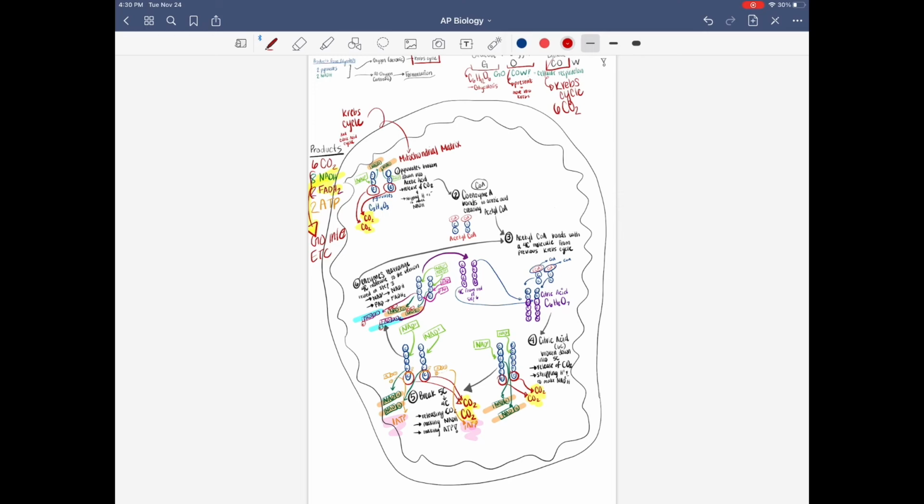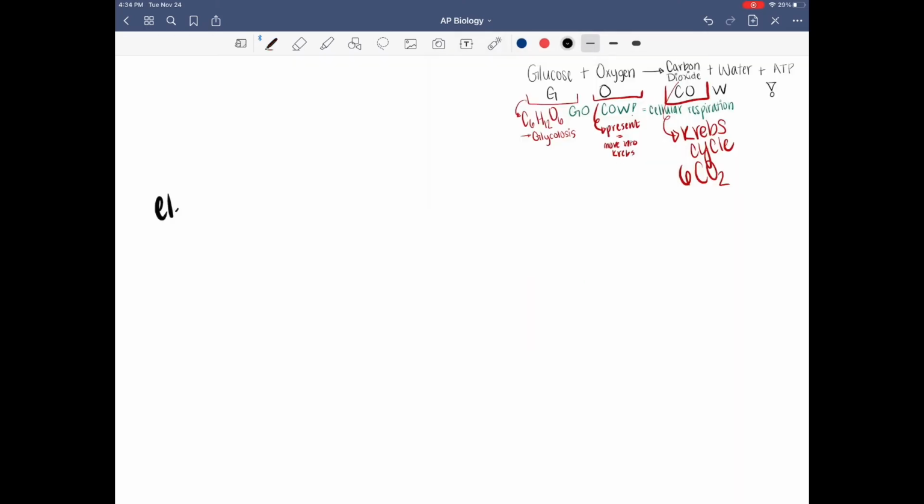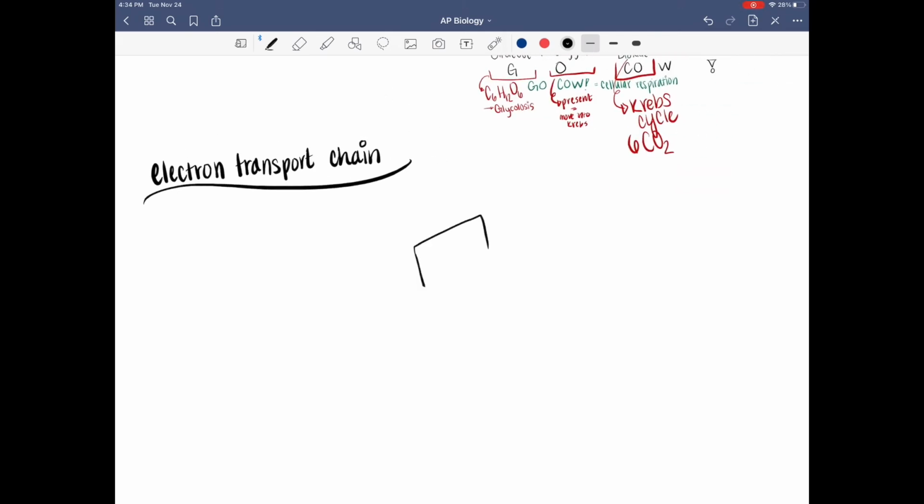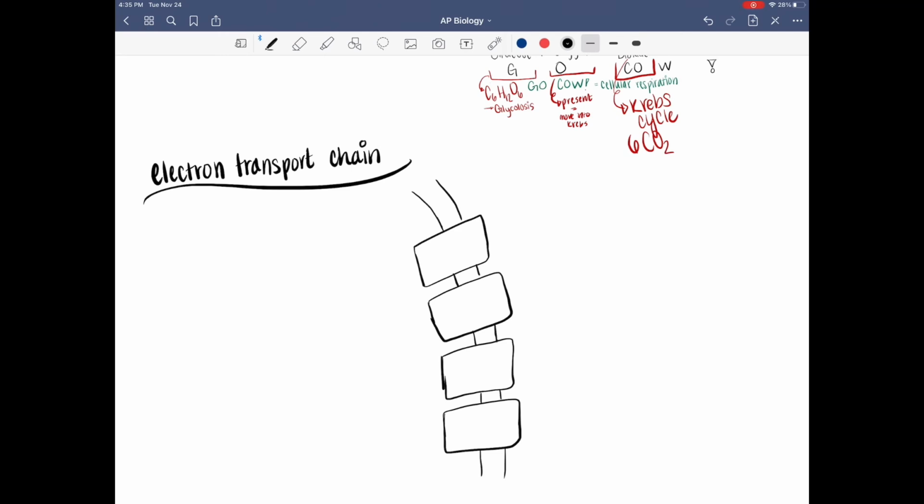Now the rest of this, the NADH and the FADH2, are actually going to go into the electron transport chain, which is our next step. So electron transport chain, the last part that we are going to look at. This is not going to be in the mitochondrial matrix. This is actually mainly going to be in the inner mitochondrial membrane.